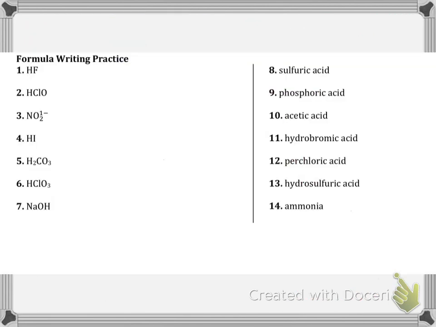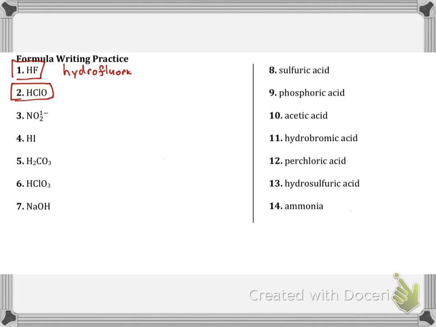So let's go ahead and do some practice problems. This first one here is a binary acid. Because it's a binary, it's hydro-ic. So it's hydrofluoric. This one is not a binary because it's got more than 2 elements associated with it.